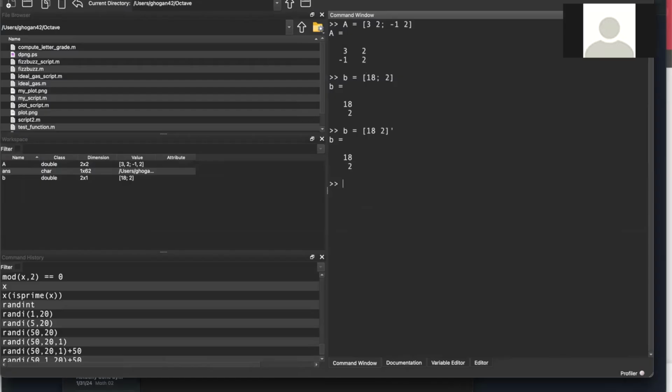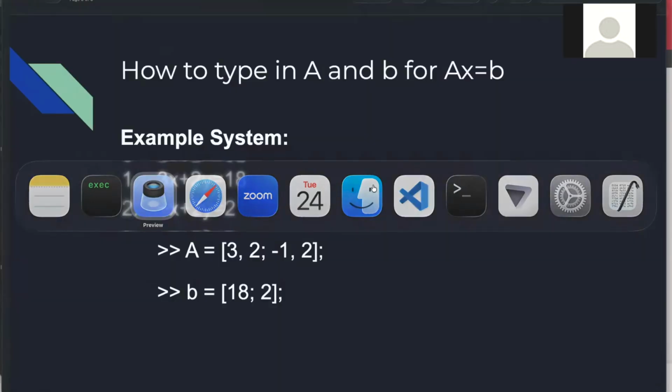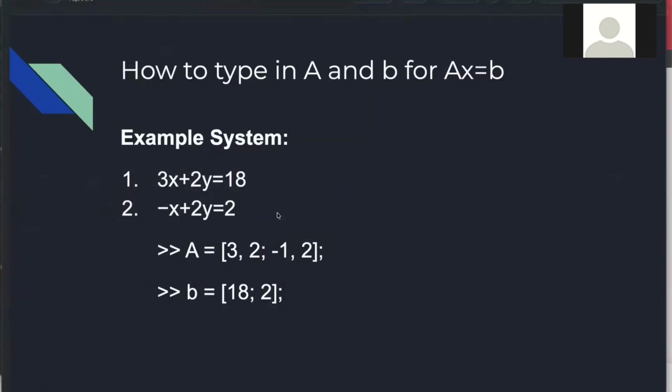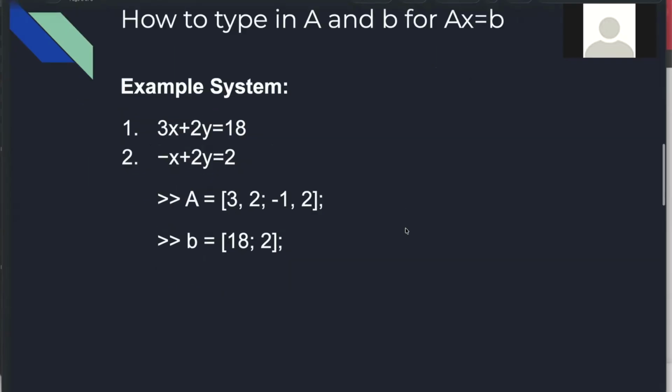Okay, so this is what happens. So we have now two matrices, right? Technically, we have the A and we have the B, and you can think of both of those as matrices. And so what we want to do is we want to try to solve this equation up here, AX equals B, to get the X vector, the X vector being X and Y.